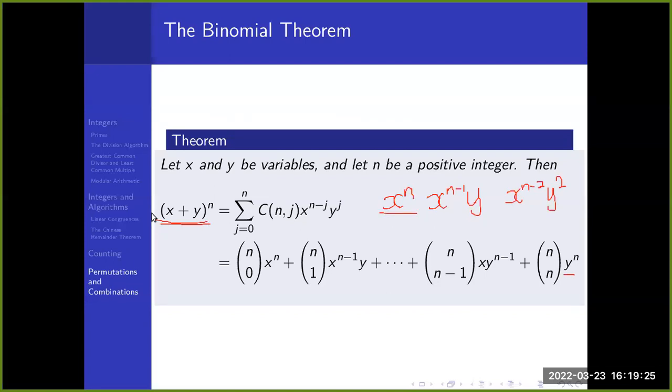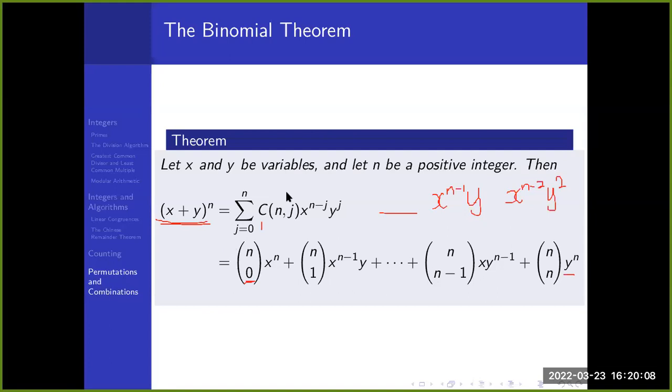If you want x raised to n, it means you pick one x from each of the n factors. That can be done in only one way, yeah?